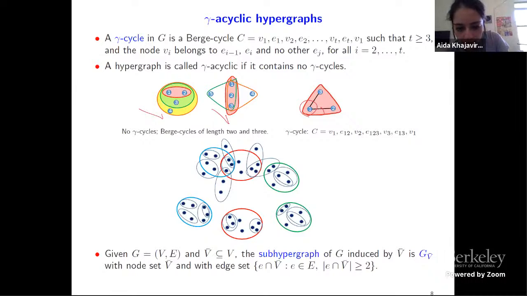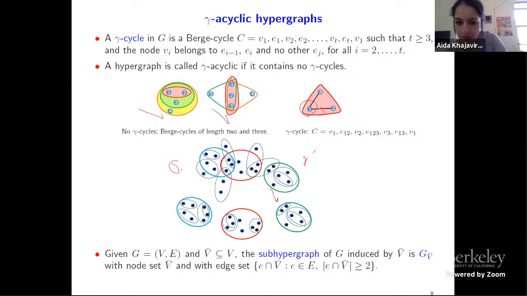Okay, I need to tell you what a sub-hypergraph is. So here is my hypergraph G. Let's take a subset of the nodes. Let's say the nodes that are inside the green edge, I call them V prime. So the sub-hypergraph of G induced by V prime is the hypergraph obtained by intersecting all the edges of the original hypergraph with this set.